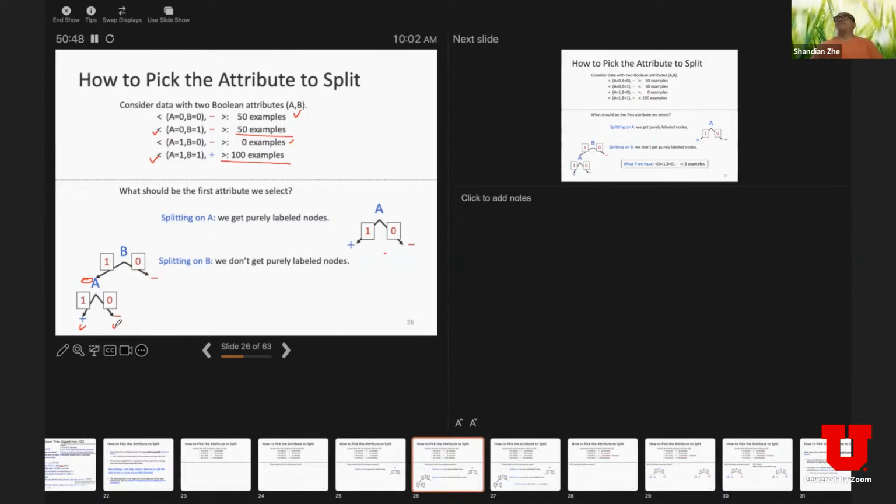So which attribute should we choose? Definitely A, because after using A to split the data set, the purity of those subsets is much higher than the subsets generated by using B.